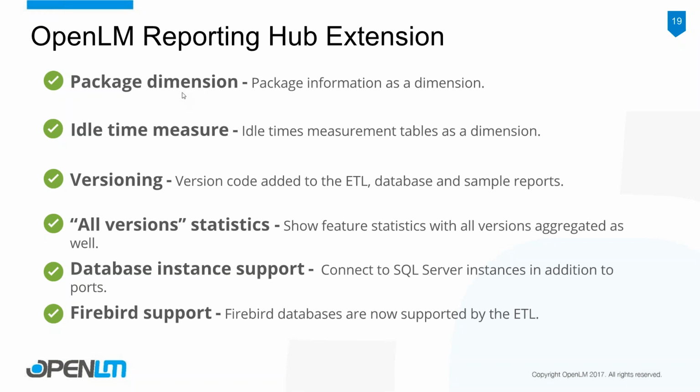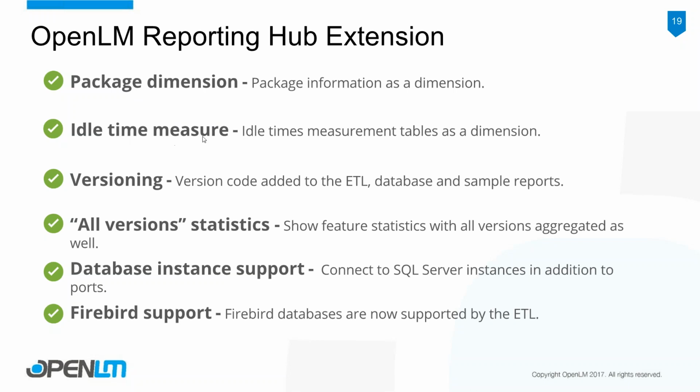So what we enhanced in it is, first of all, we've added package dimension. So let's say that you have a few features and they're all packaged up. Now you're able to filter, aggregate, and create reports using the package dimension and not only by single features.